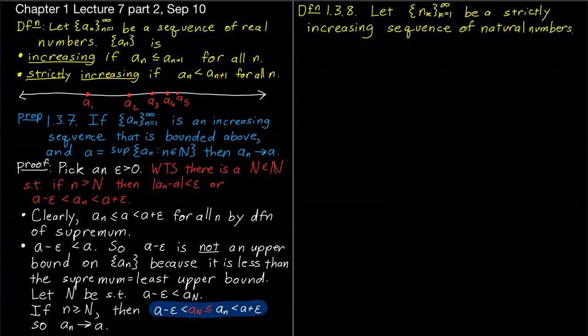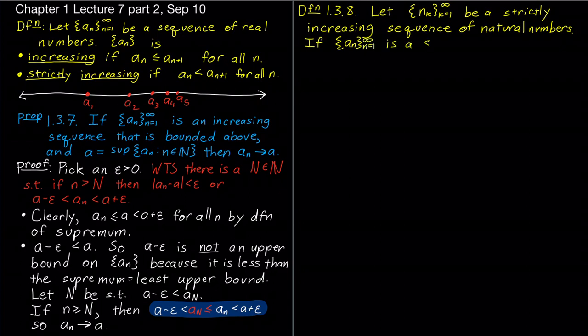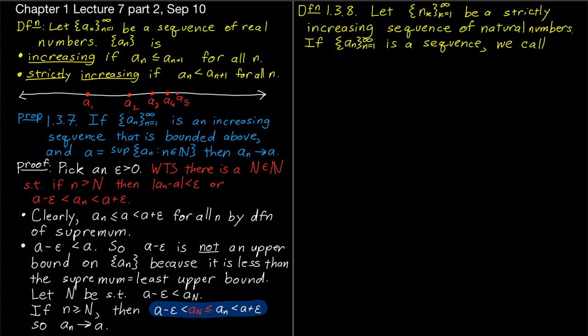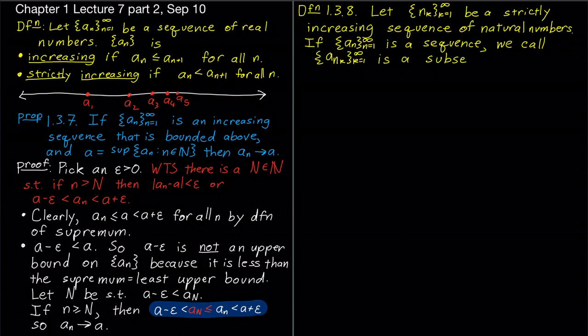And then if an is a sequence, we're going to call this thing a sub n sub k from k equals 1 to infinity a subsequence.